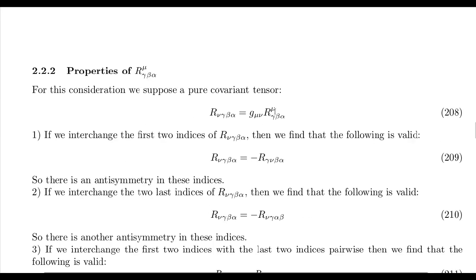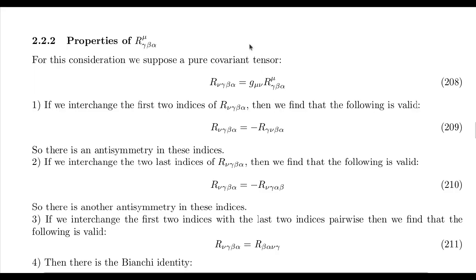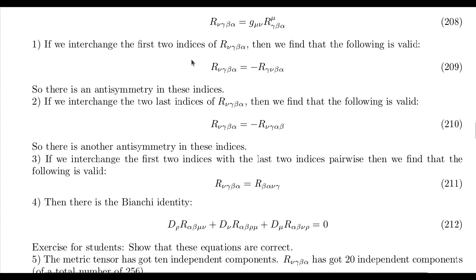Then the Riemannian curvature tensor has got some symmetry properties. But first we consider the tensor with 4 covariant indices. That's no problem. We know we can change a contravariant index into a covariant one by using the metric tensor. And so we can consider now the symmetry.